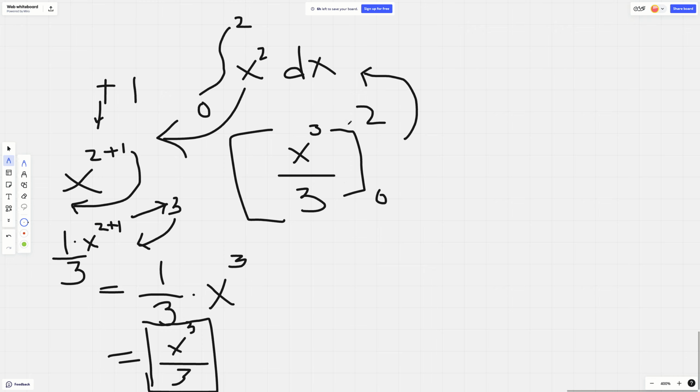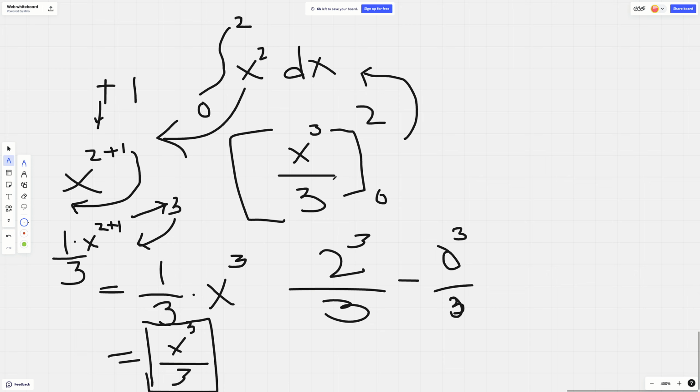So, if we plug in 2 for x cubed over 3, we see that this is equal to 2 cubed over 3. And if we plug in 0 for x cubed over 3, we see that this is equal to 0 to the power of 3 over 3, right? And note that we always plug in b first and then subtract that corresponding value from a, right? It's not a minus b when we plug them in.